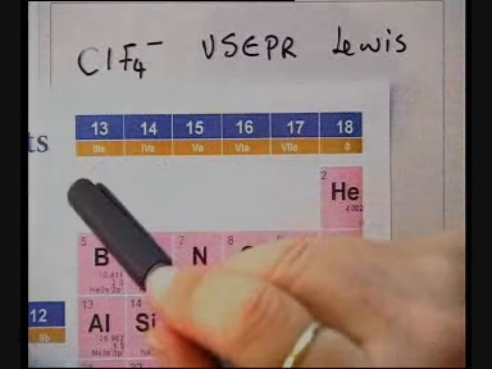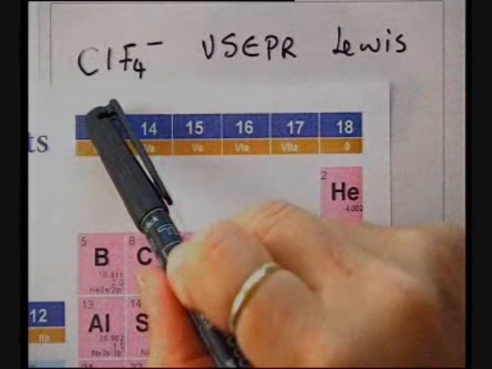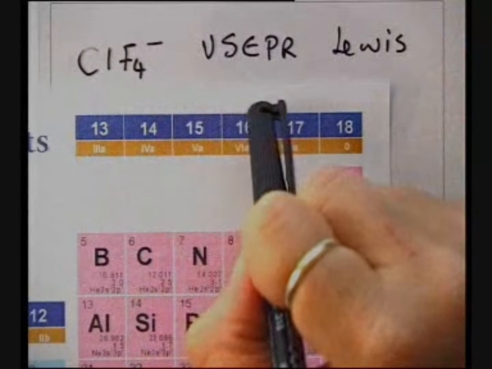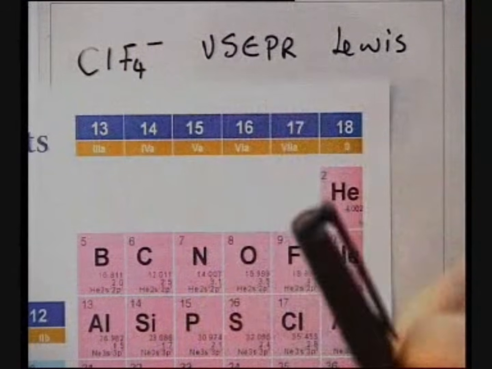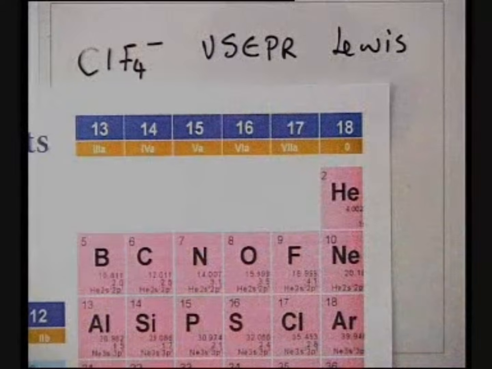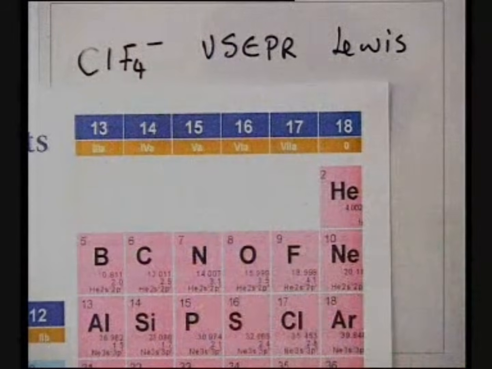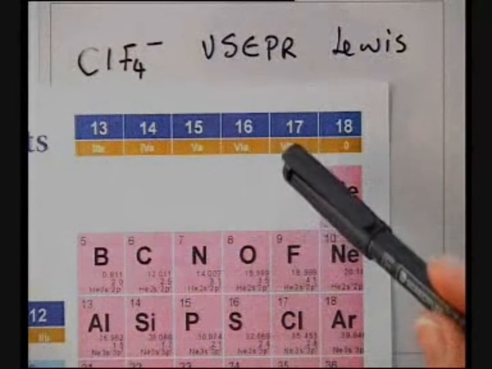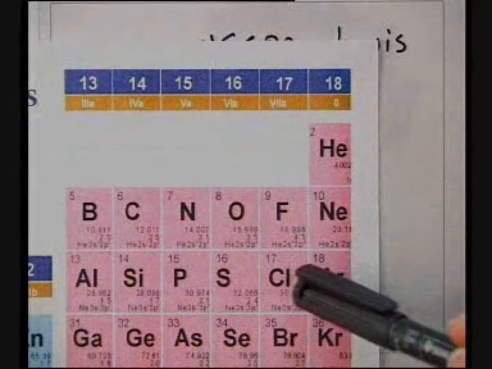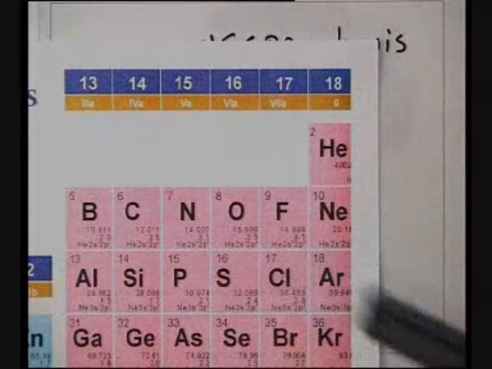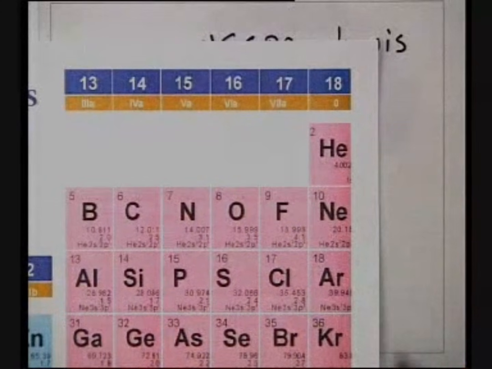The prediction of the molecular geometry of the chlorine tetrafluoride ion using the VSEPR theory, valence shell electron pair repulsion theory, and we draw the Lewis structure first. Chlorine is the central atom. It is found in the 7th group and 3rd period of the periodic table and has got 7 valence electrons for covalent bond formation.